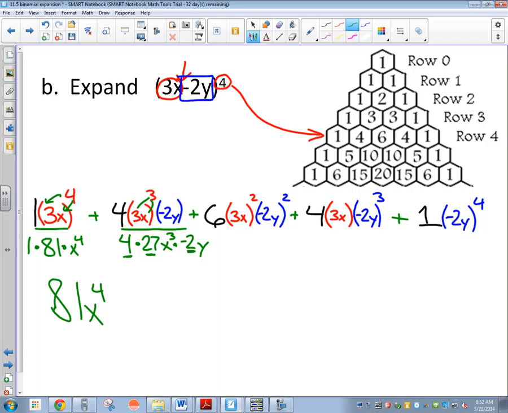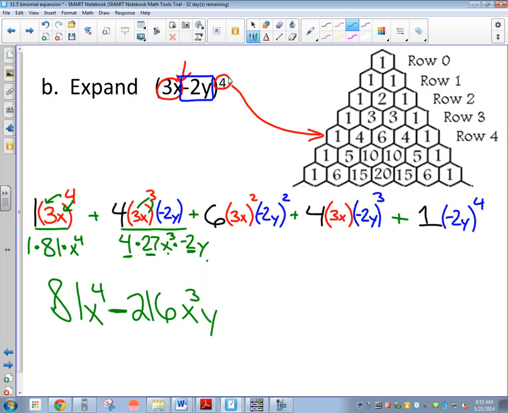Is it going to be a positive sign in between the two or a negative? Negative. 4 times 27 times 2. Yeah, negative 216. You're good. Negative 216 x cubed and y. Because there's my x cubed, there's my y. Good so far.